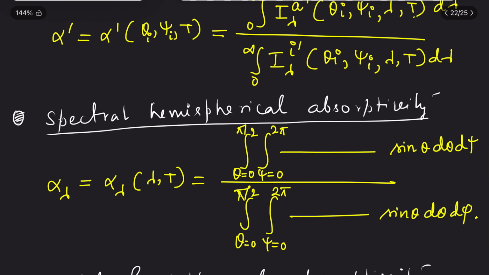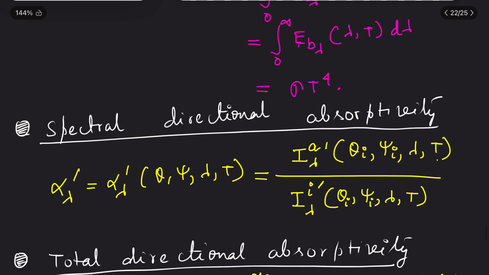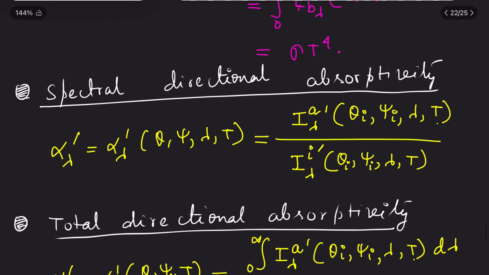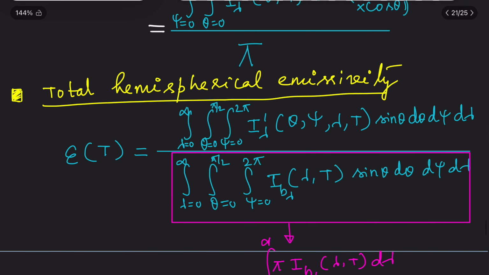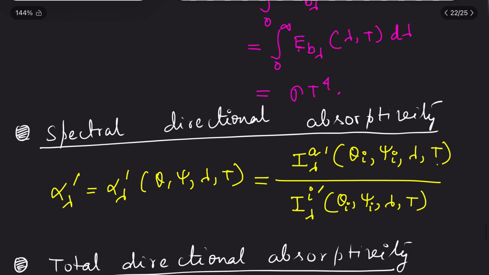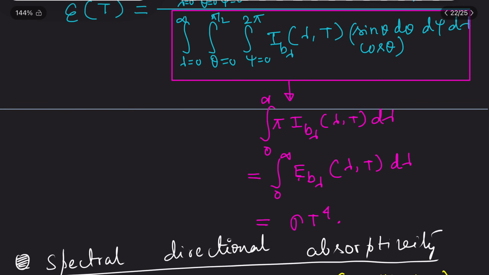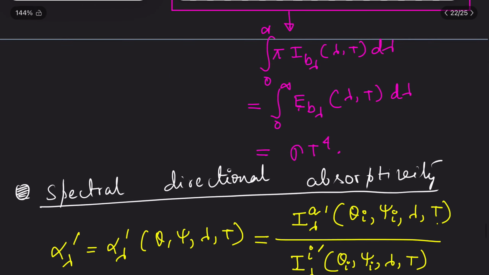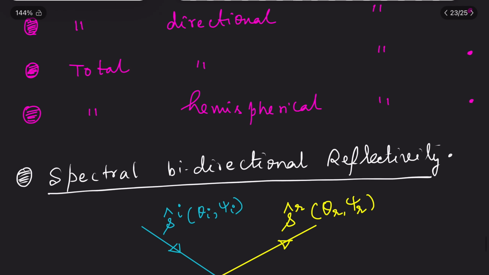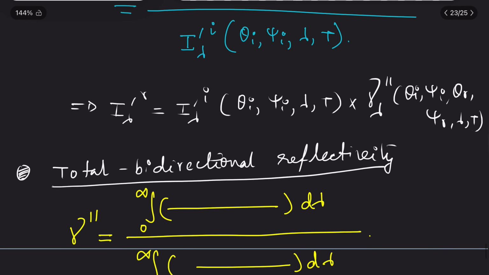And here also a cos theta will be there, here also a cos theta will be there. Clear? So again total hemispherical, here also a cos theta should be there, and here also a cos theta should be there. Then only it should become pi into ib lambda, otherwise it will become 2 pi into ib lambda.